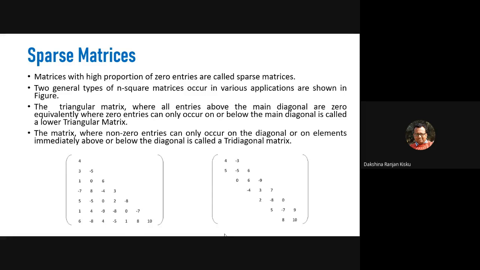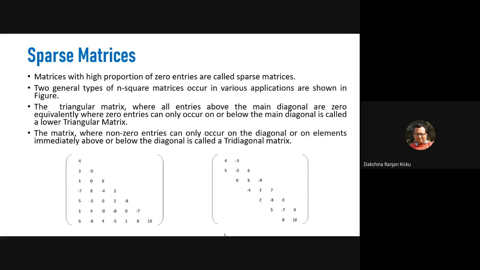The other type of matrix is called the tridiagonal matrix. So what is a tridiagonal matrix? In a tridiagonal matrix, non-zero entries can only occur on the diagonal, or on elements immediately above or below the diagonal.